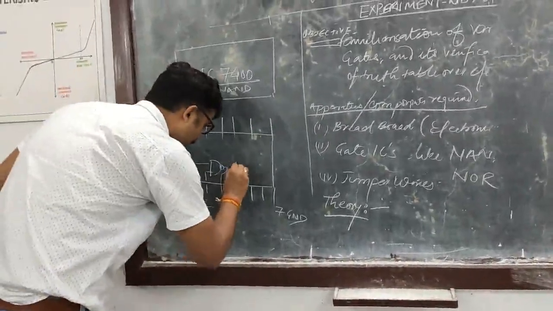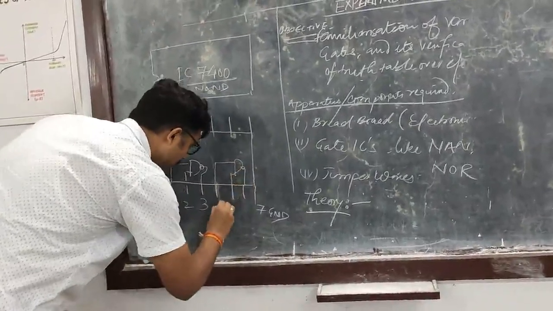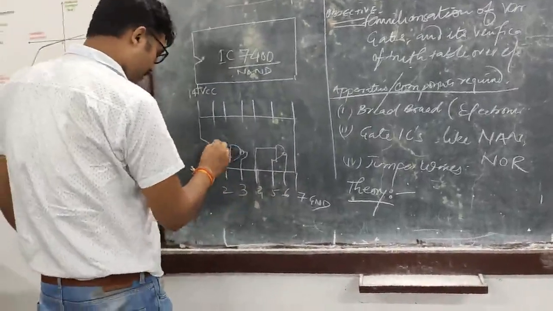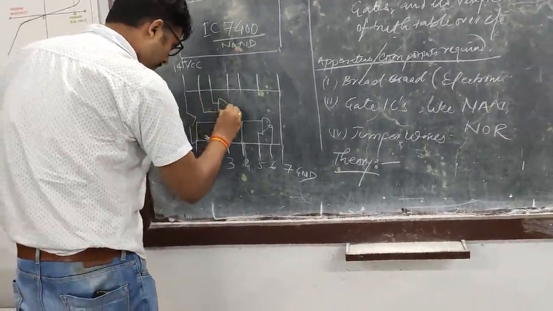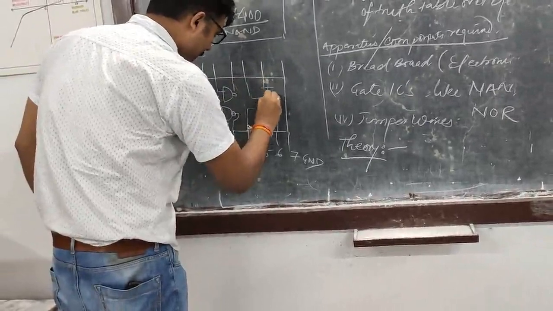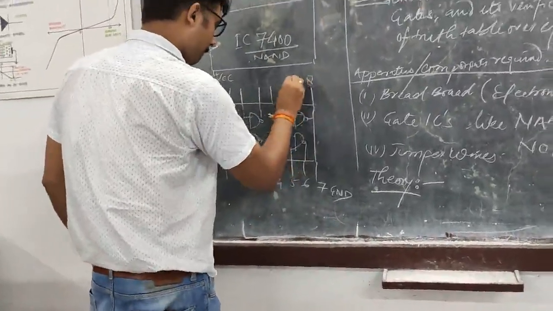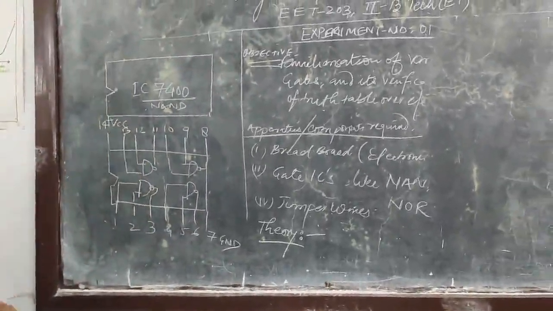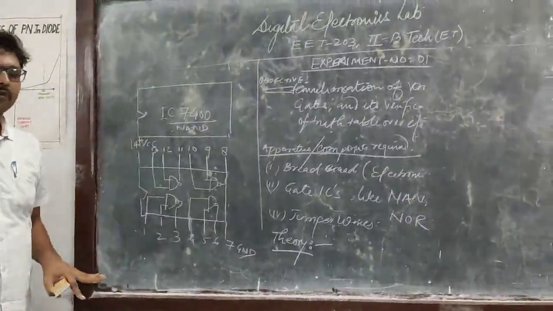Similarly, 4 and 5 will be inputs and 6 will be the output. So this is the internal circuit diagram of IC number 7400.